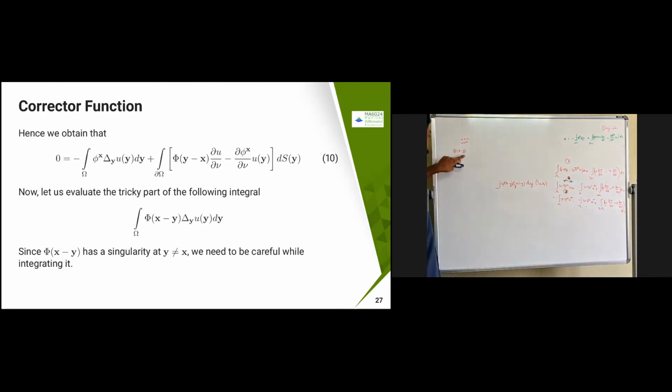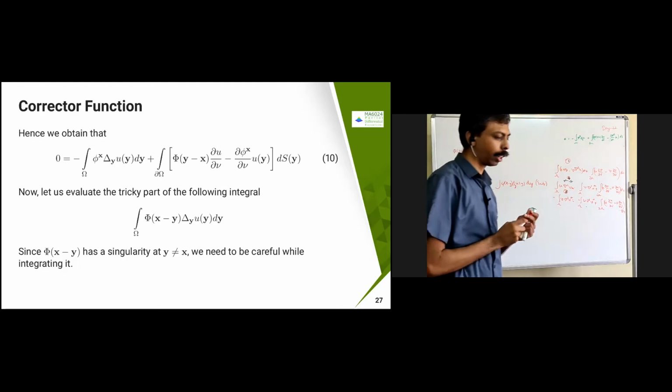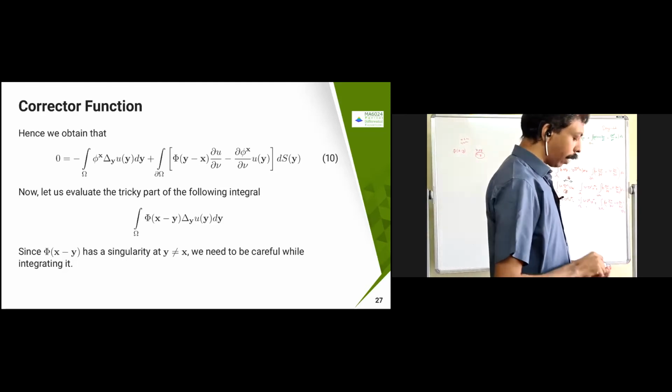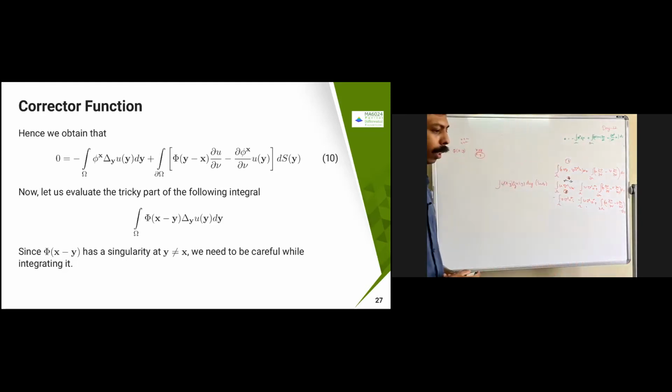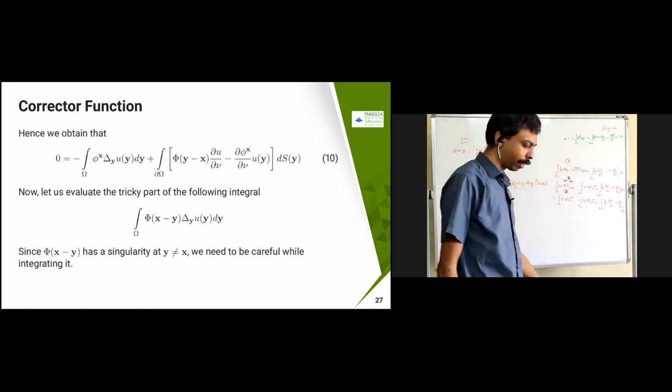Similarly, pi of x minus y, the fundamental solution, has a singularity at x equal to y. So our problem comes only at x equal to y. At x not equal to y, there is no problem. At x equal to y, there is a problem because we have a singularity. So that is the only place where we need to apply some tricky part. Then we will solve the problem. We already managed this kind of thing before.